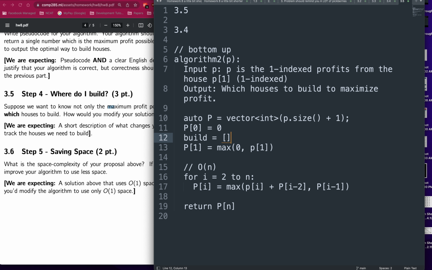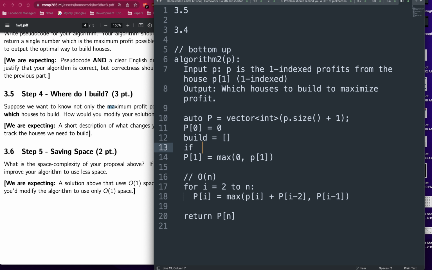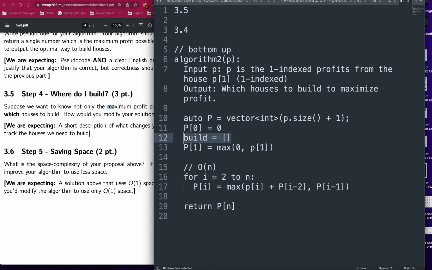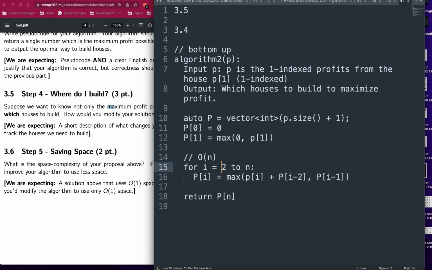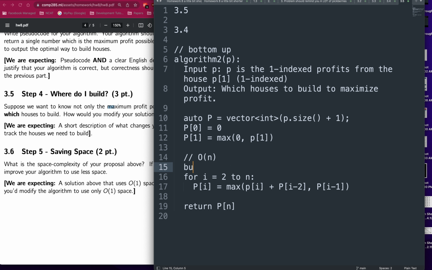The very first thing you would do is declare your build array here. So it's just empty. Build starts as empty.